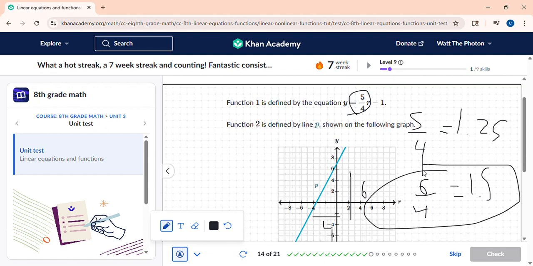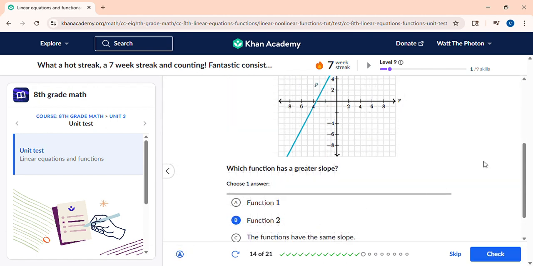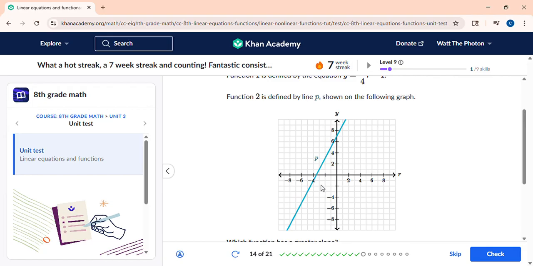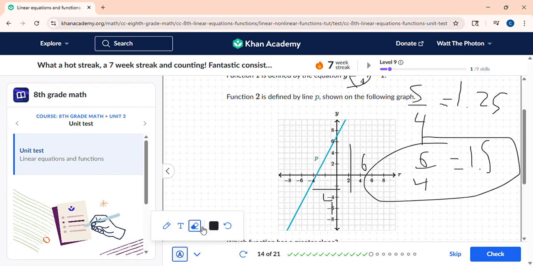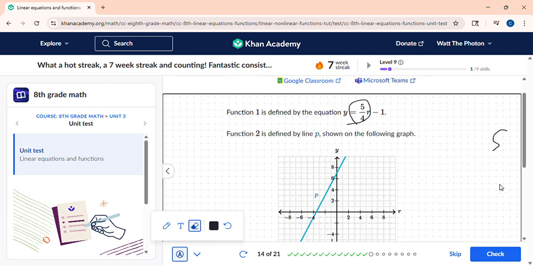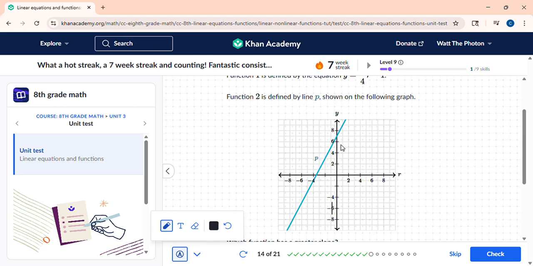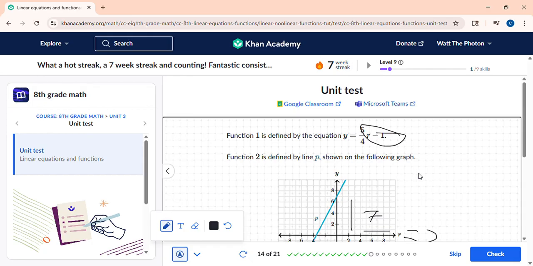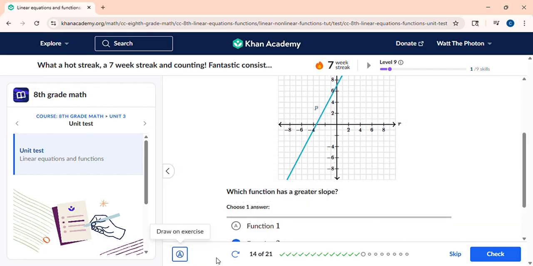So function 2 has a greater slope. Actually, it's a little less than that. Function 2 slope is 7 over 3.5, which is around 2, and that's going to be much greater than 1.5.